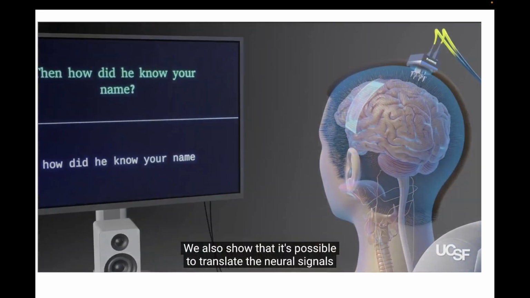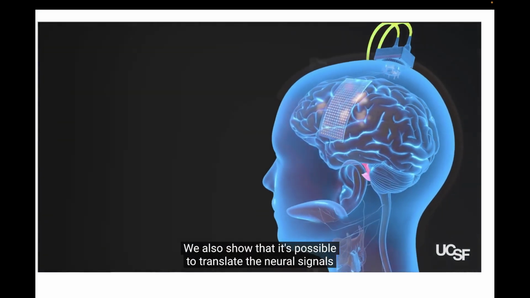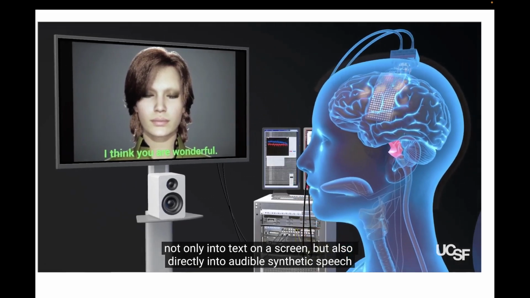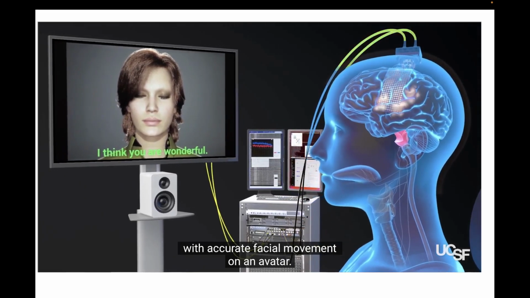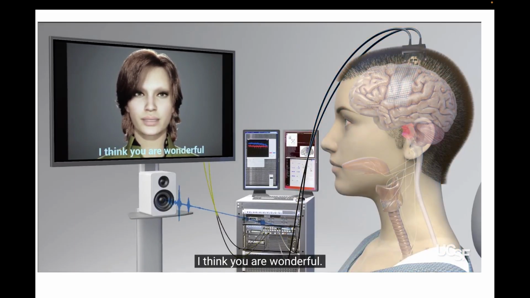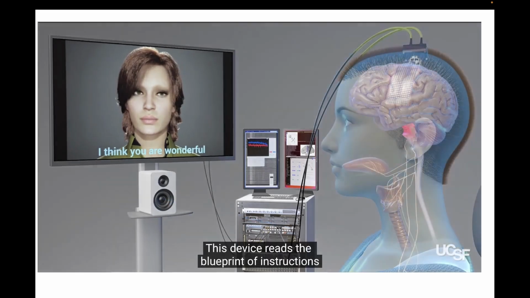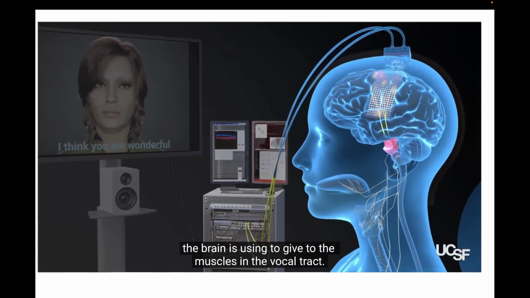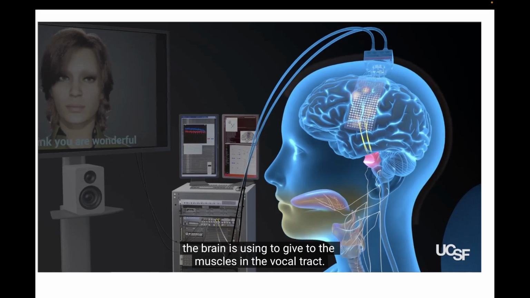We also show that it's possible to translate the neural signals not only into text on a screen, but also directly into audible synthetic speech with accurate facial movement on an avatar. I think you are wonderful. This device reads the blueprint of instructions the brain is using to give to the muscles in the vocal tract.